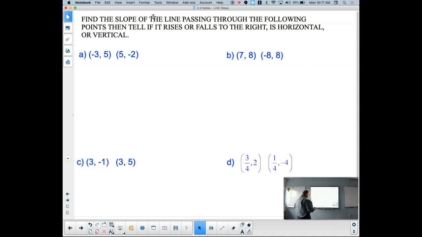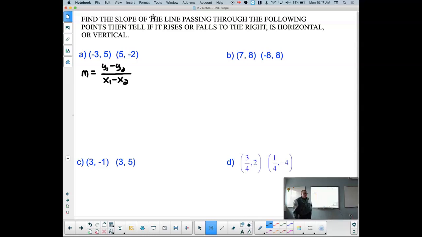So first one, I have 2 points. I'm going to use the 2-point form: m equals y sub 1 minus y sub 2 all over x sub 1 minus x sub 2.